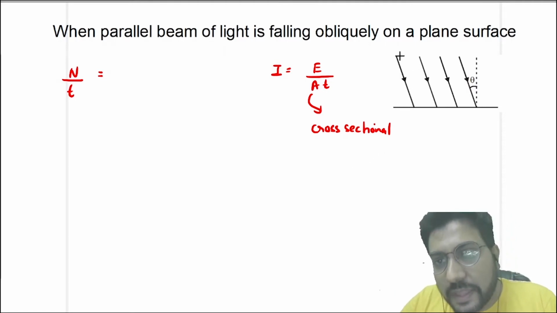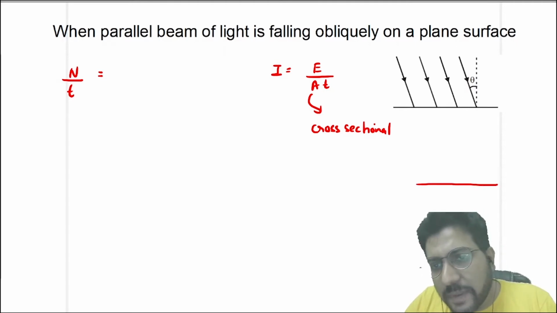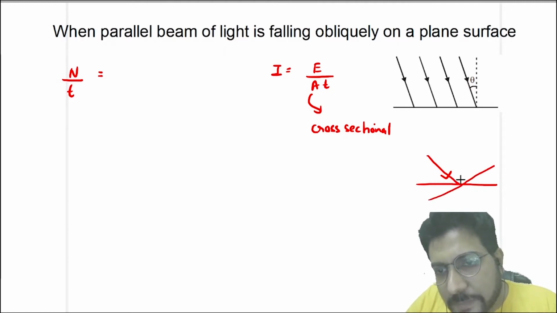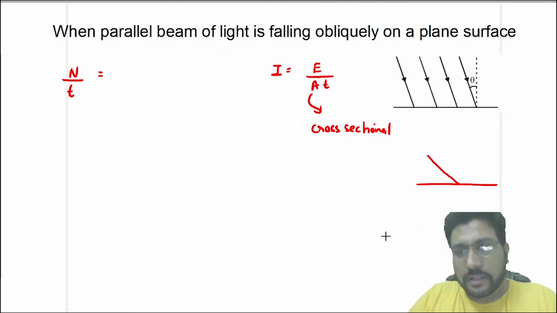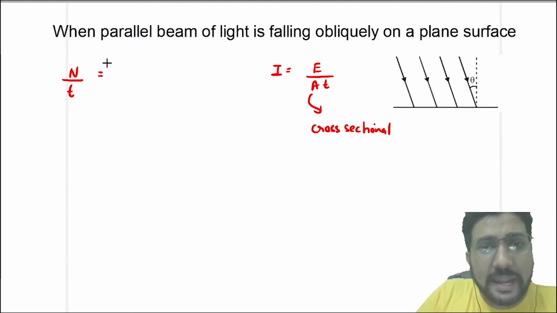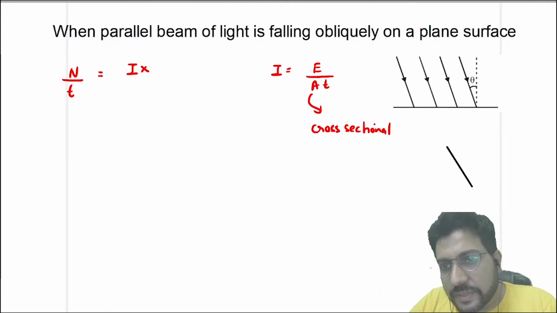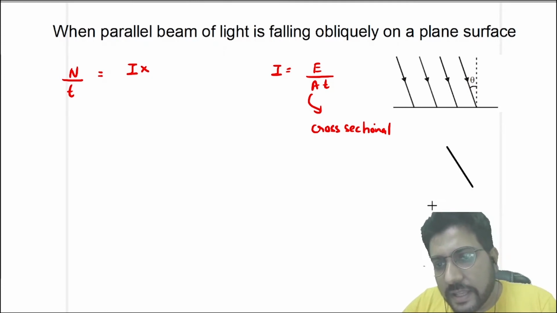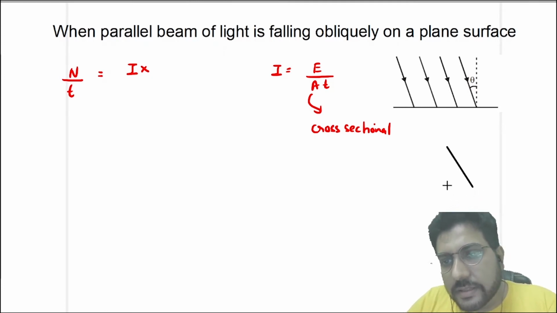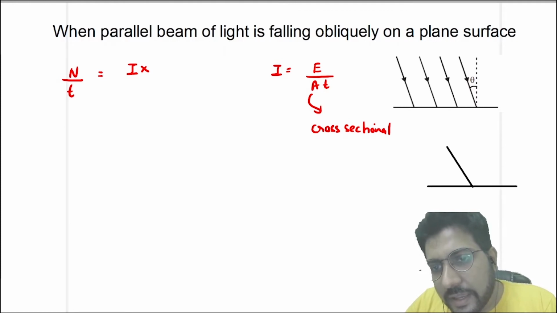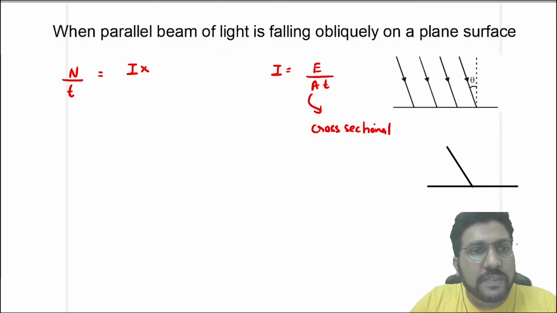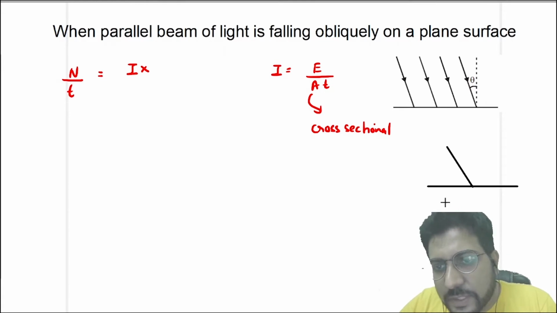Now, the light is propagating in this direction. So if the light is propagating in this direction, that means you have to find this area. Understood? Okay, so n by t will be equal to I multiplied by, listen carefully now, this is the light falling and this is the area, but we need the component of area which is perpendicular to the light beam.